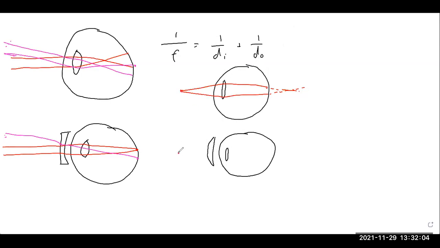So then your light from that close object... is too much bending from the eye.